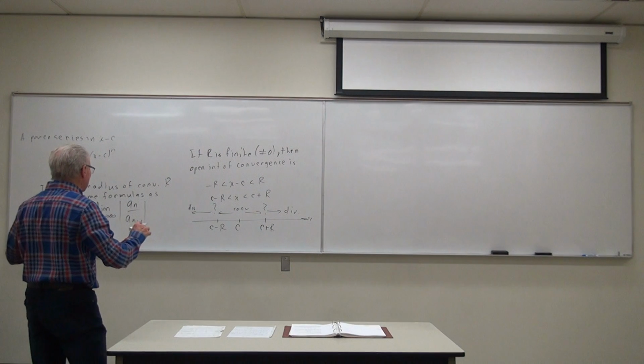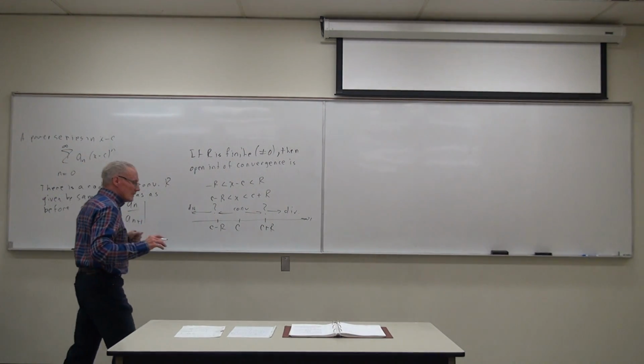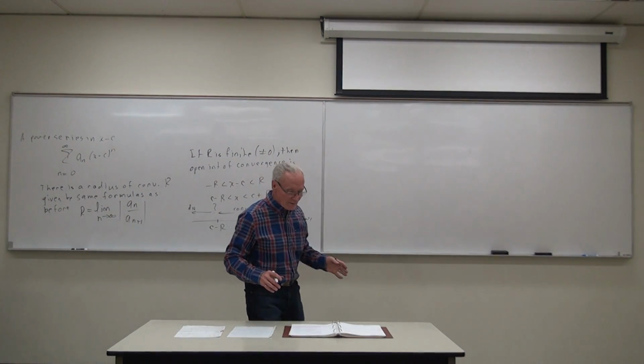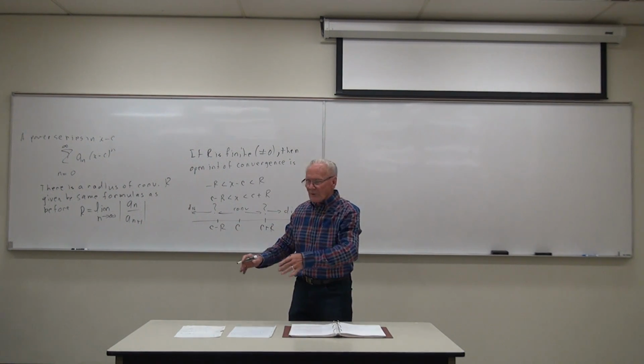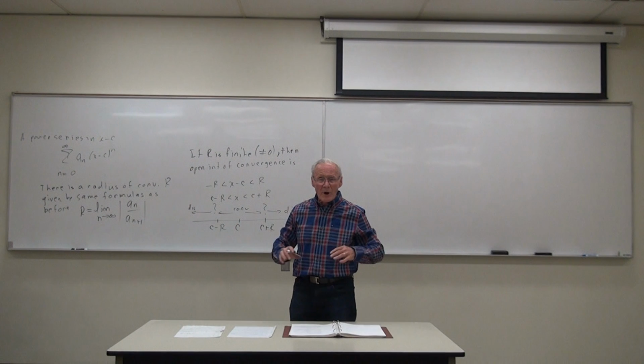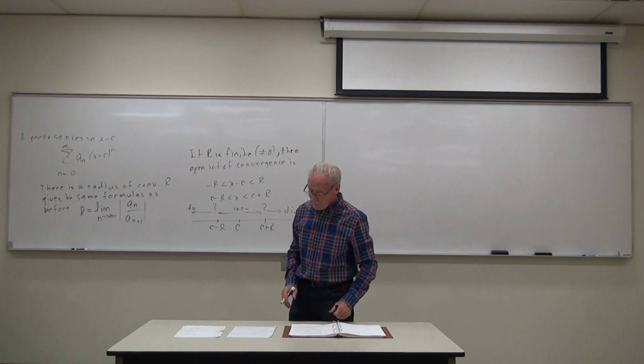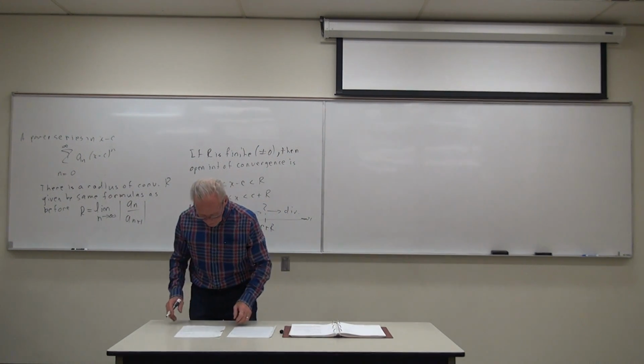Okay? So there's really no difference. We're going to do the same thing that we just did for the last class and a half: find the radius of convergence, write down the open interval, and ask whether the endpoints are required to be discussed or not. So let's take one example.